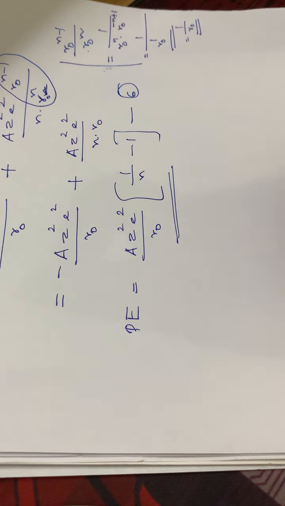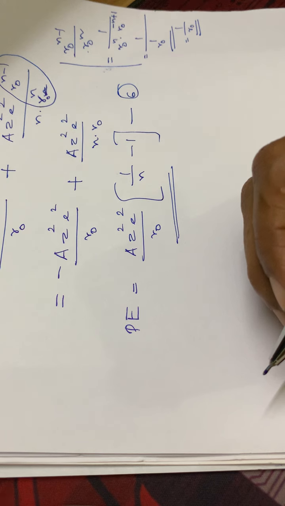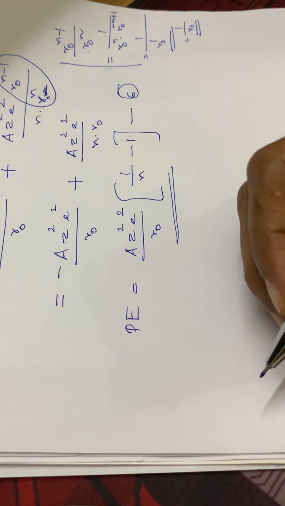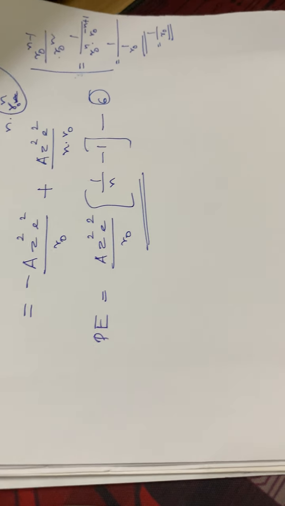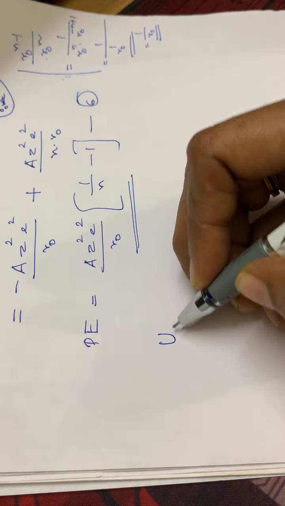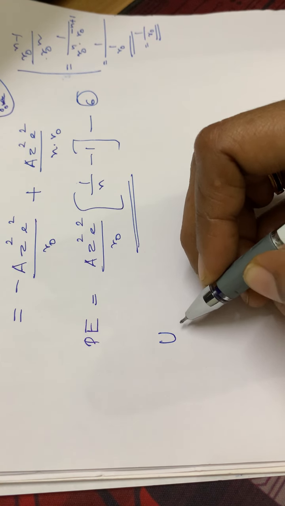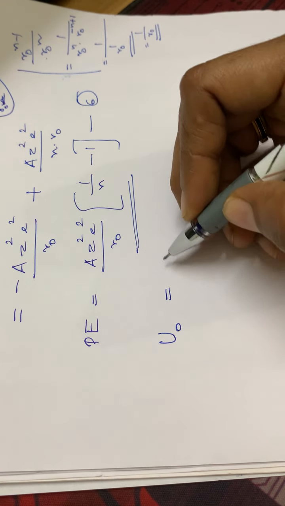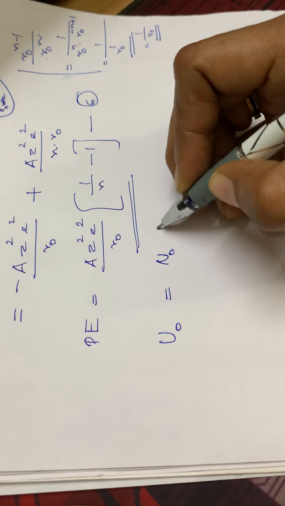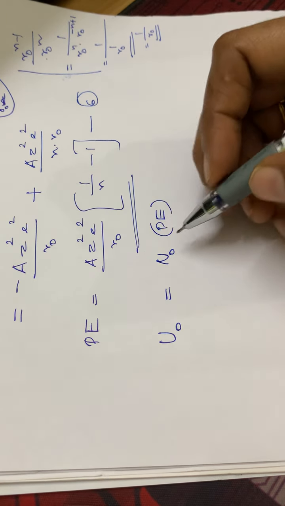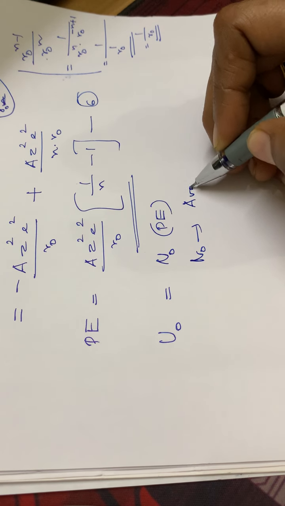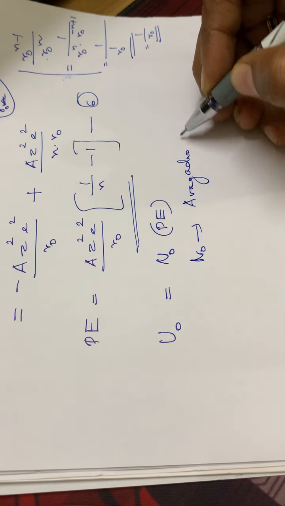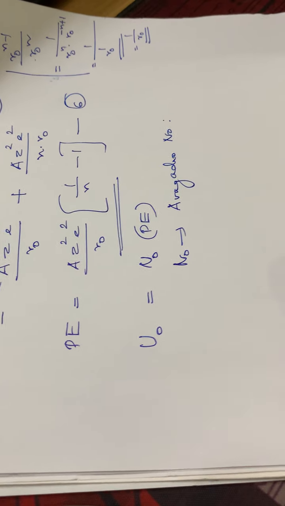Okay. So again we have to define lattice energy. How will you define lattice energy? It is the amount of energy released during the formation of a crystal, isn't it? So lattice energy we can denote here as U0. Lattice energy normally will be equal to N0 into potential energy. So what is N0? N0 is the Avogadro number, that is 6.02 into 10 raised to 23.